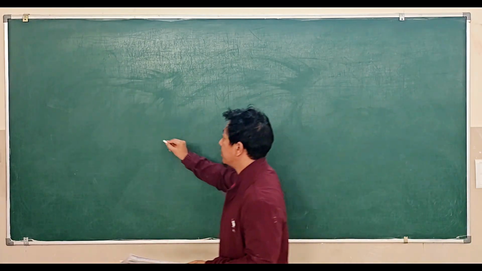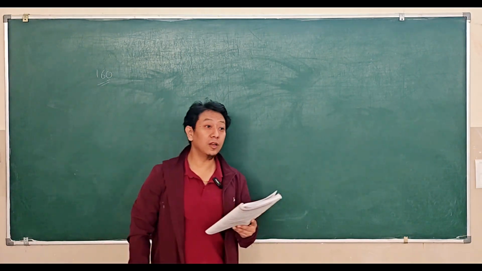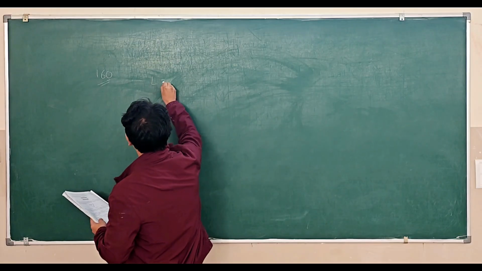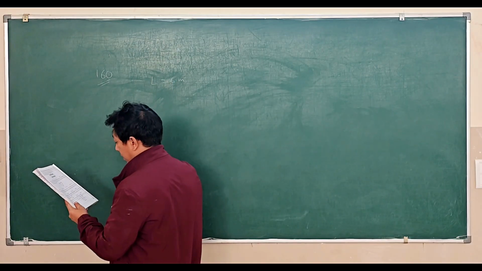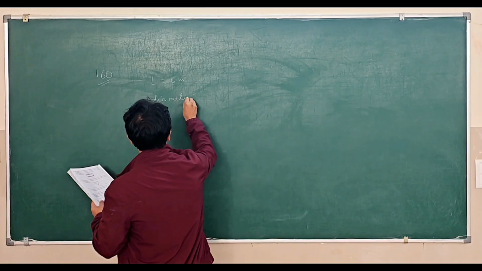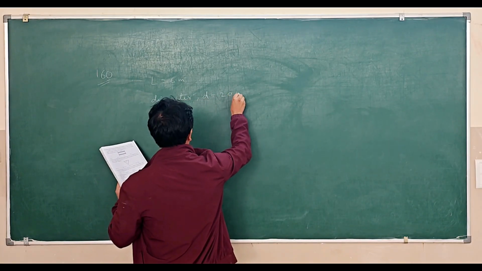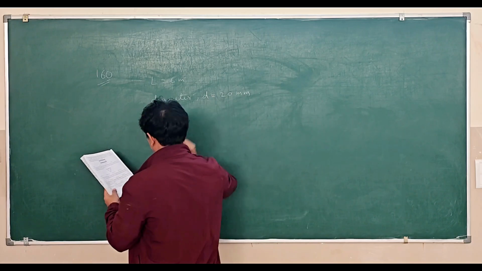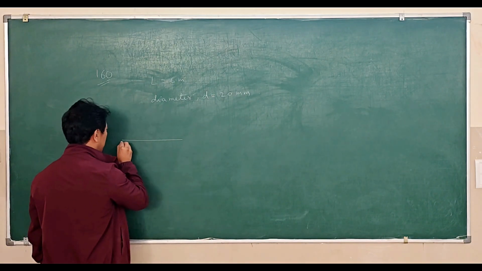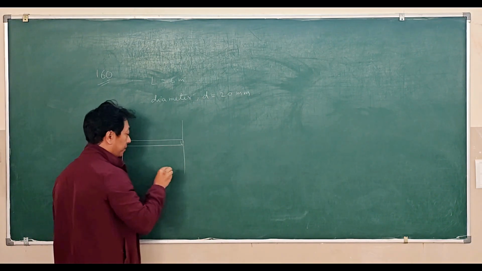Let's do one problem based on this. See question number 160. A steel rod of length 6 meter. Length of the rod is 6 meter. Diameter of the rod is 20 millimeter. Is fixed between two rigid supports. So this rod is fixed between two rigid supports.